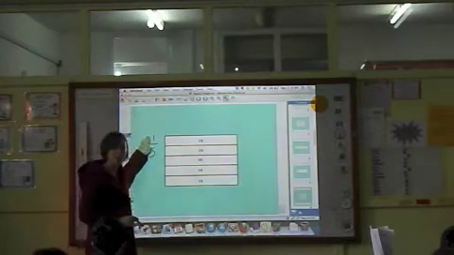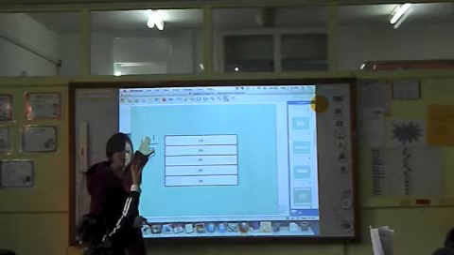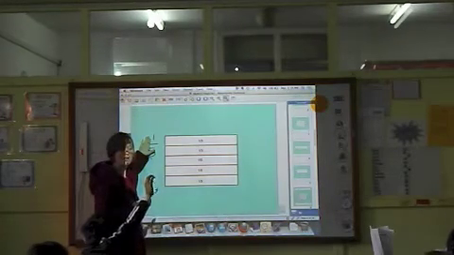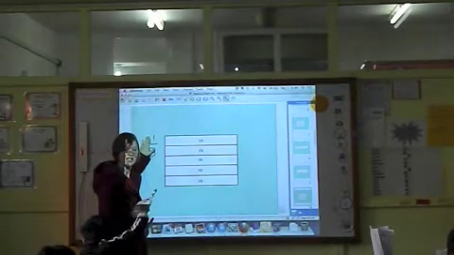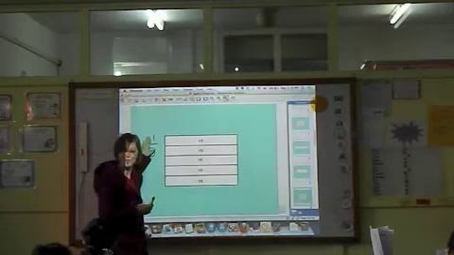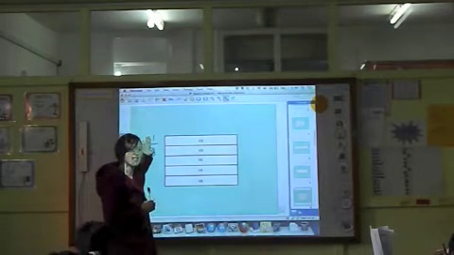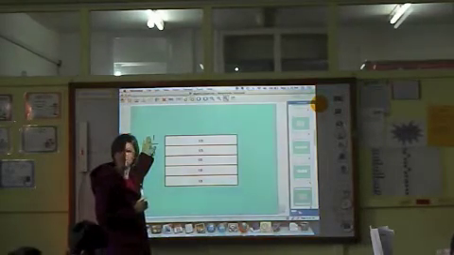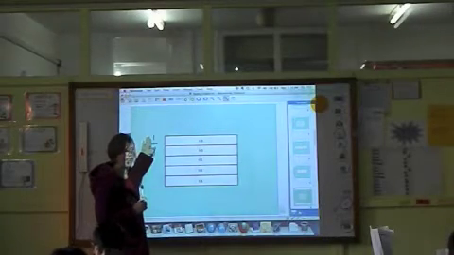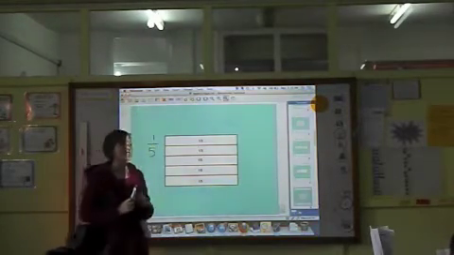Can anybody remember what that top number is called? It's a word that starts with N. I think you might know what it is. Raise your hand. Okay, that one's tricky. We just do it the other way.